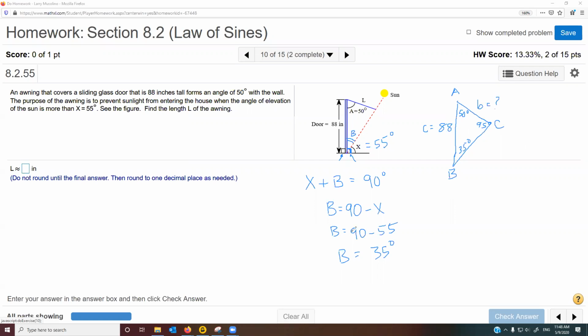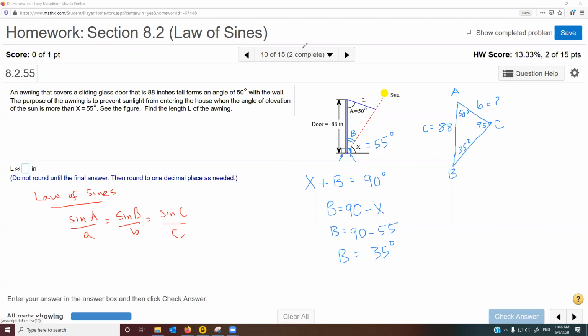All right, notice this is not a right triangle, so I can't use the sine of an angle is opposite over hypotenuse. I can't use the Pythagorean theorem, but I can consider law of sines. Let me write out law of sines. It's sine A over side A is sine B over side B is sine C over side C. And here's what I'm going to do.